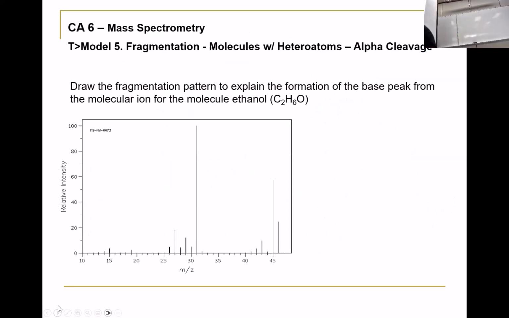So, two more examples of this kind of fragmentation. But now we're going to tie into something that I mentioned as a detour a couple of minutes ago. This is where we're looking at fragmentation not just from alkanes or alkenes, but when we include heteroatoms, in other words, those more common functional groups.